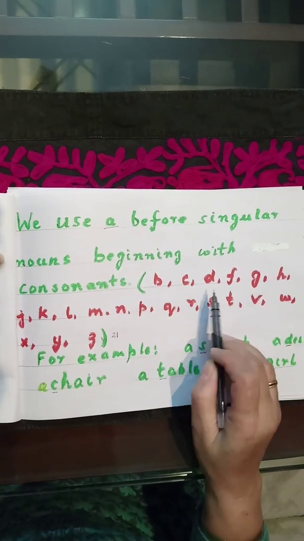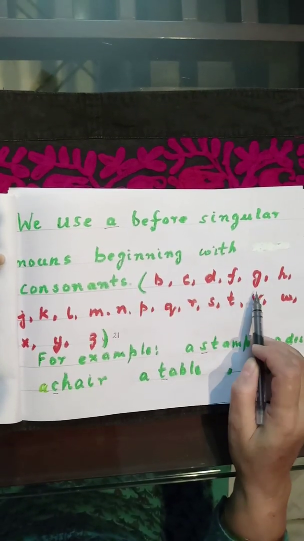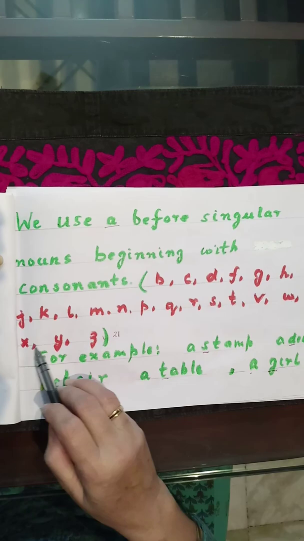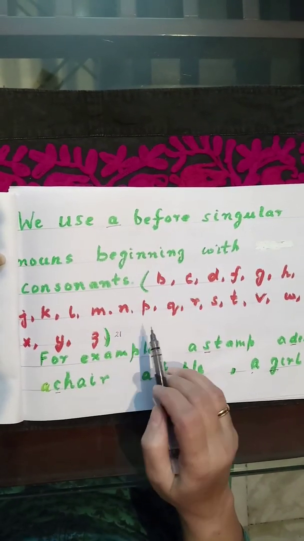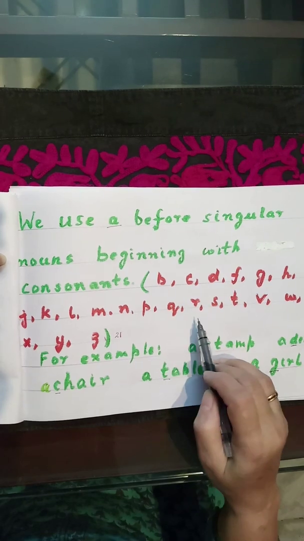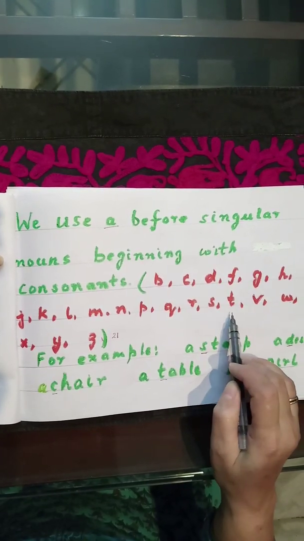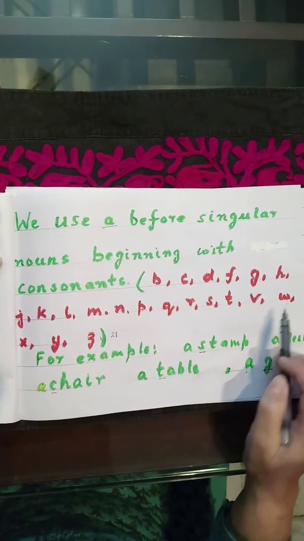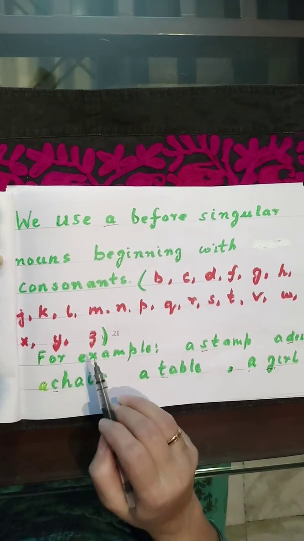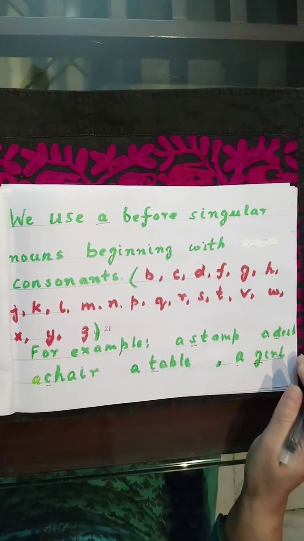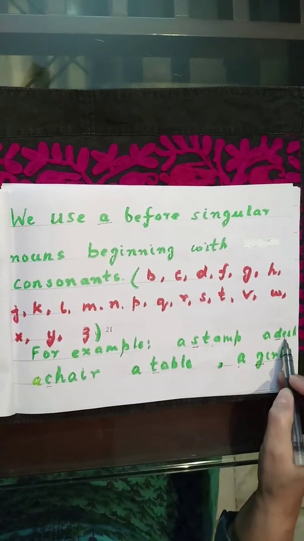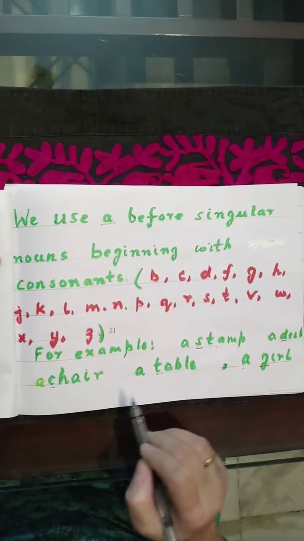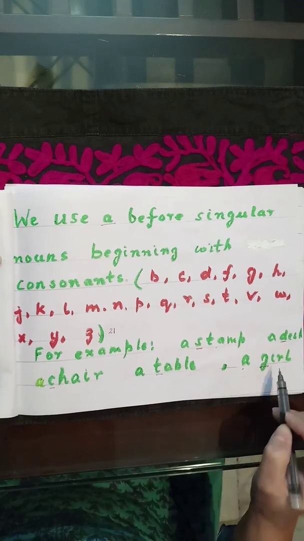B, C, D, F, G, H, J, K, L, M, N, P, Q, R, S, T, V, W, X, Y, Z. All these are consonants. So for example, a stamp, a desk, a chair, a table, a girl.